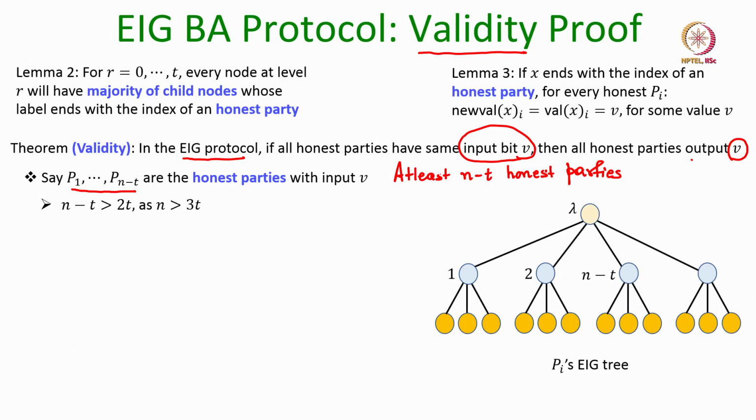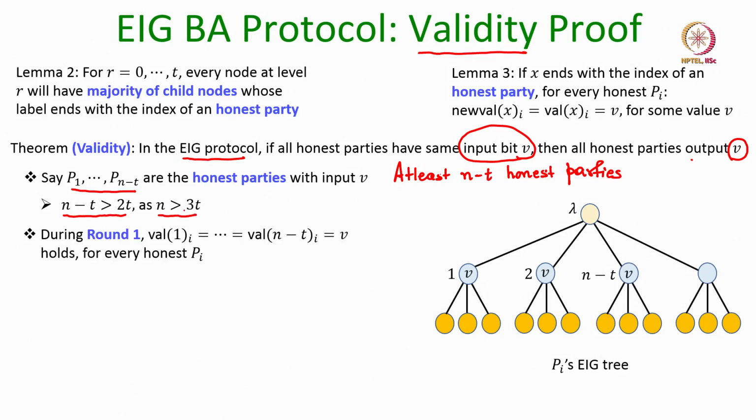Okay. Also, note that n minus t is strictly greater than 2t because n is greater than 3t. So, during round 1, what would have happened in the EIG protocol?